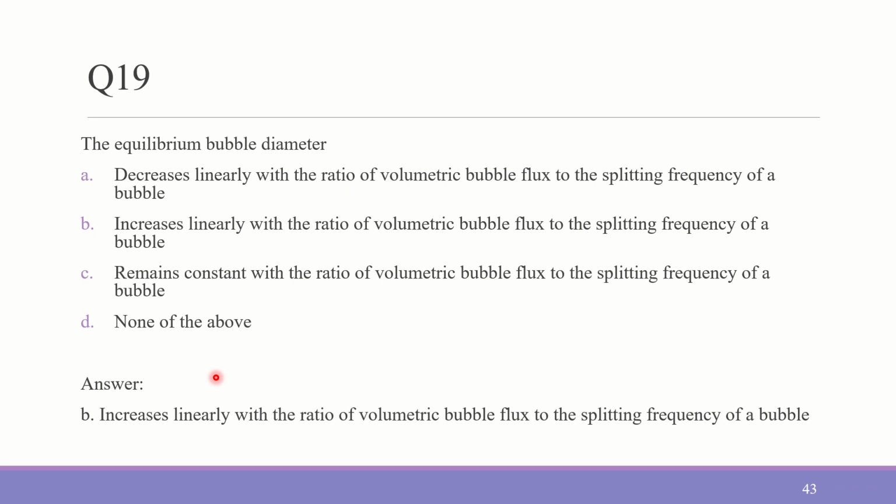So we say that the equilibrium bubble diameter increases linearly with the ratio of volumetric bubble flux to the splitting frequency of a bubble. Volumetric bubble flux meaning volumetric production of bubbles per unit area per unit second.